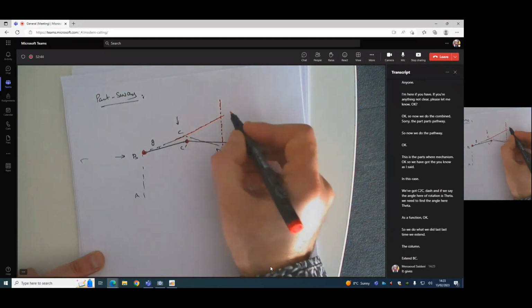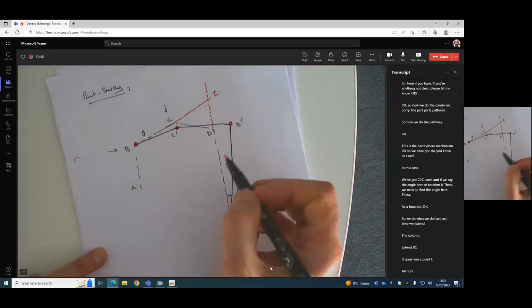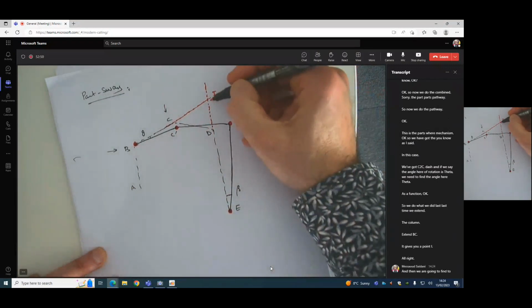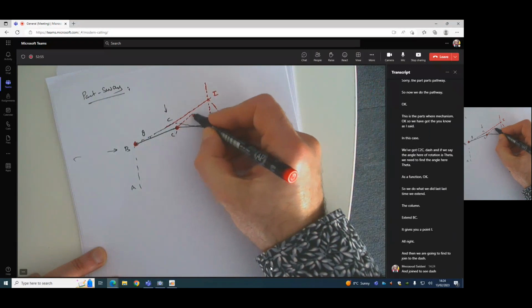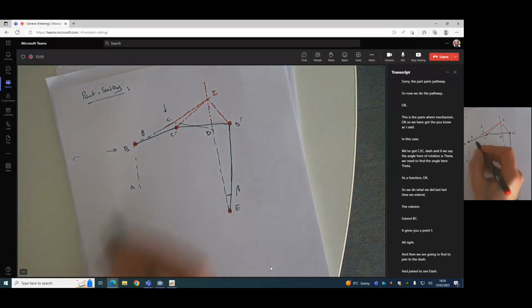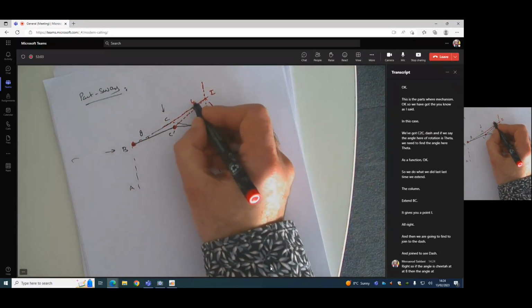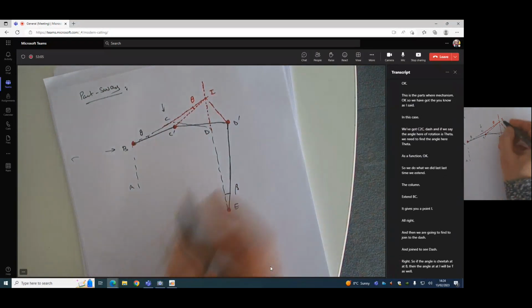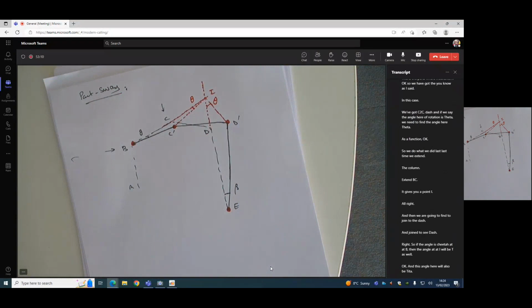It gives you a point I, all right? And then we join to D dash and join to C dash. If the angle is theta at B, then the angle at I will be theta as well, okay? And this angle here will also be theta, rotation of the triangle.